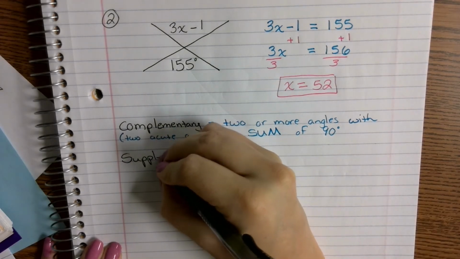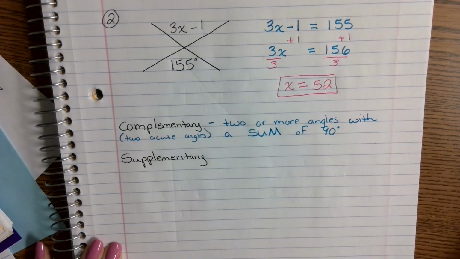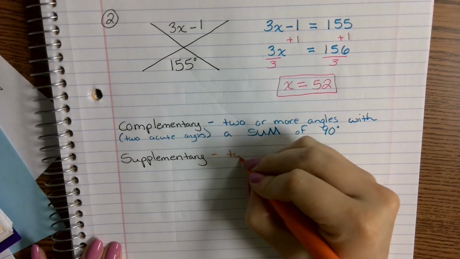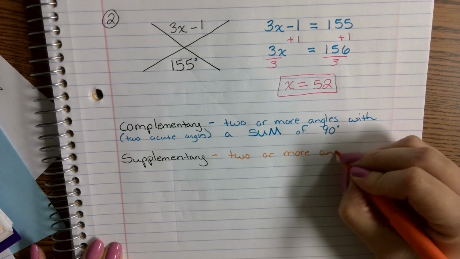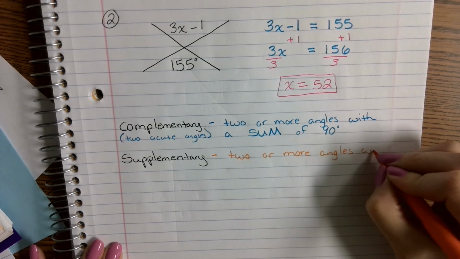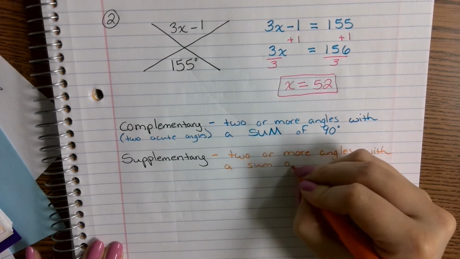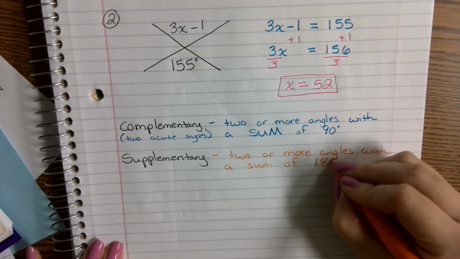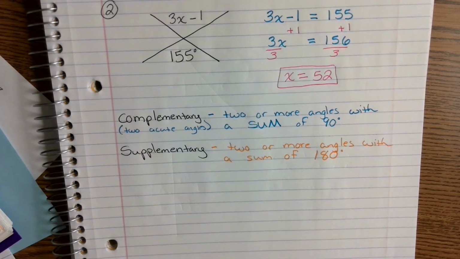Supplementary. In a supplementary angle relationship, you have two or more angles with a sum of 180 degrees.